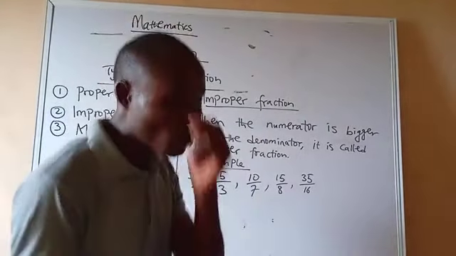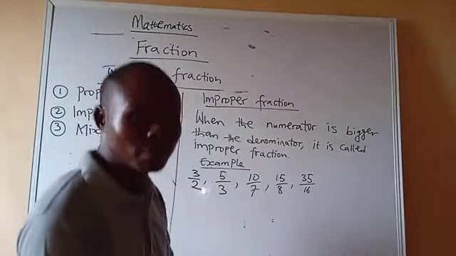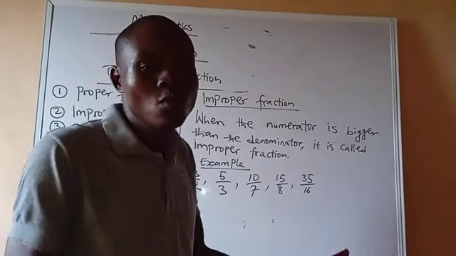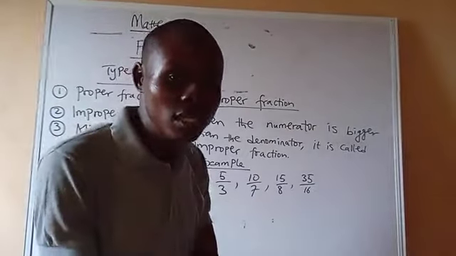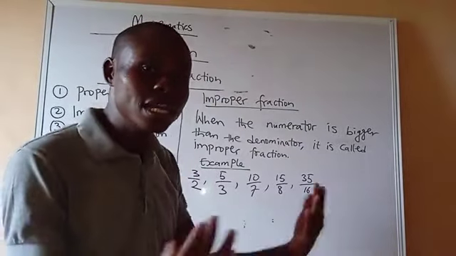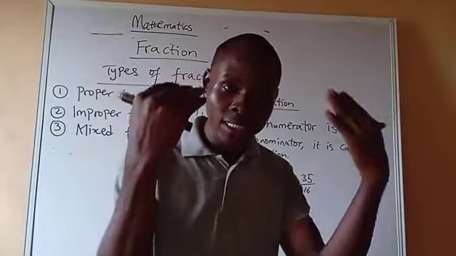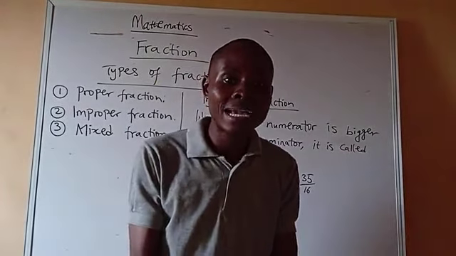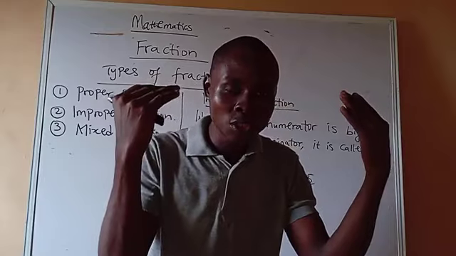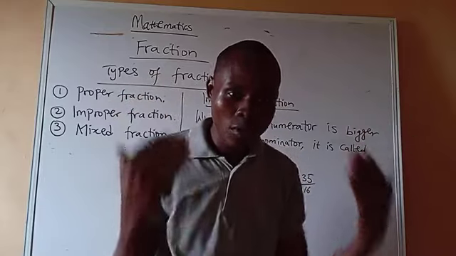Before you know, you just fall. You just be pressed down. Why? Because the weight of your daddy is higher than your weight. Your mommy is bigger than you. So trying to carry your mommy on your head is what? Improper fraction. But when your mommy carries you on her shoulder, it is called proper fraction.